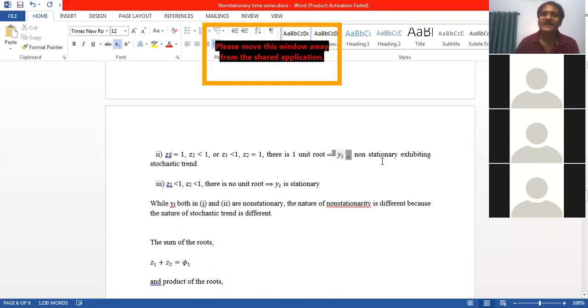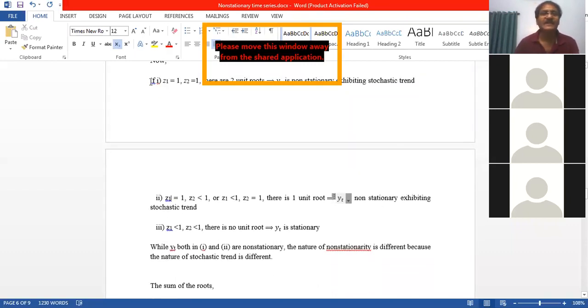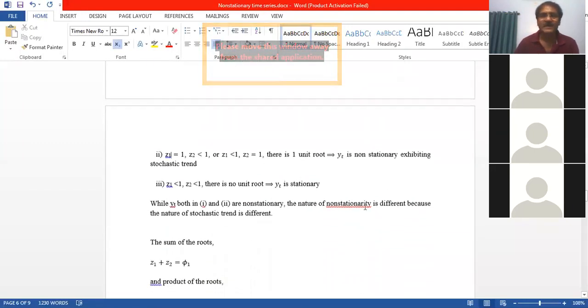So obviously, the type of stochastic trend in case 1 and the type of stochastic trend in case 2 will be different. But both are non-stationary. In case 3, when both roots are less than 1, the series will be stationary.